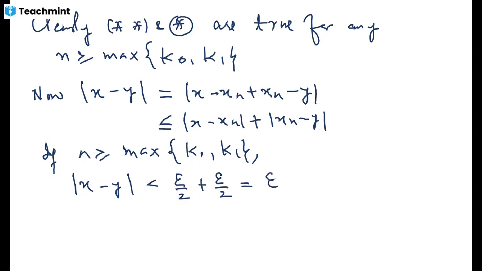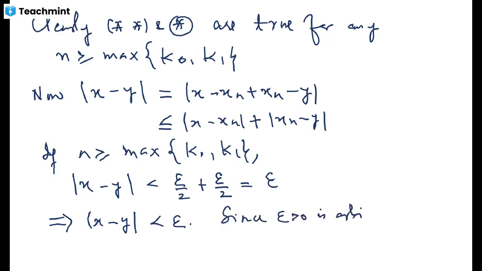And what you get finally is that this distance, which is a constant number, modulus of x minus y, is less than epsilon. And since epsilon is arbitrary, this number modulus of x minus y is less than epsilon for every positive number. At the same time, you see that this modulus is a non-negative number.